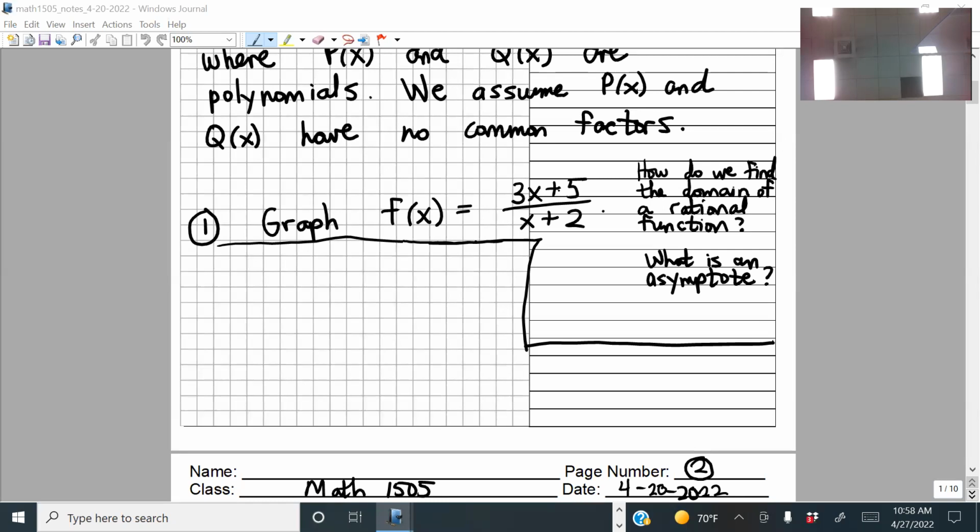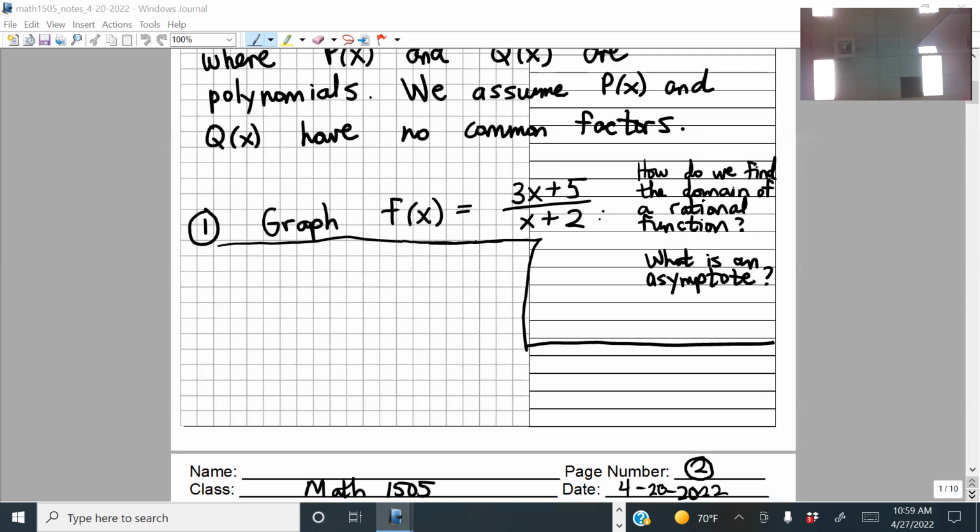In the top, you have a polynomial, 3x plus 5. What's its degree? 1, yeah, so that's linear. And in the bottom, you also have a linear polynomial. So you have degree 1 divided by degree 1. That's almost as easy as it gets: the quotient of two really simple polynomials.